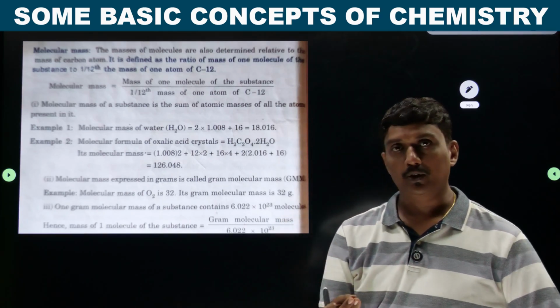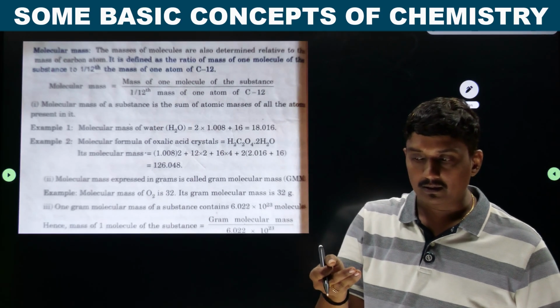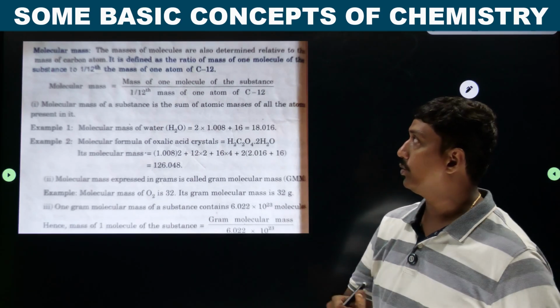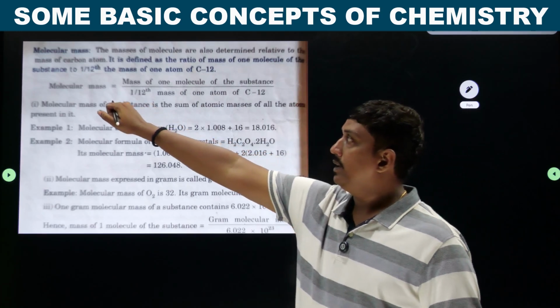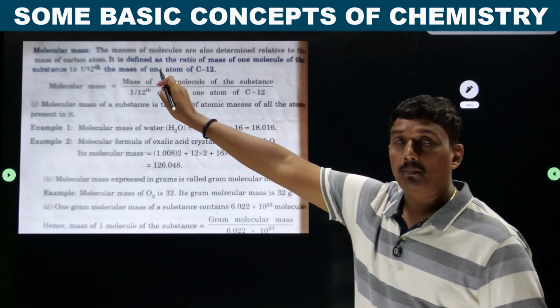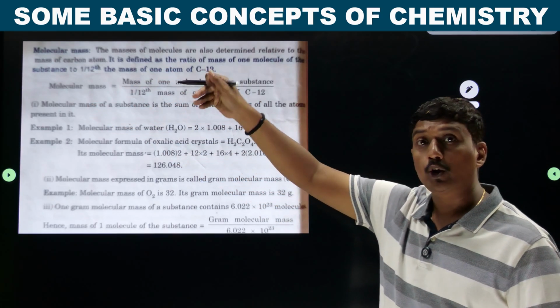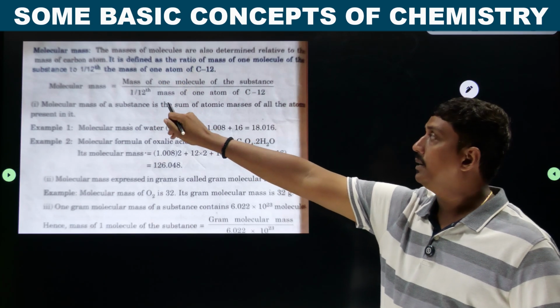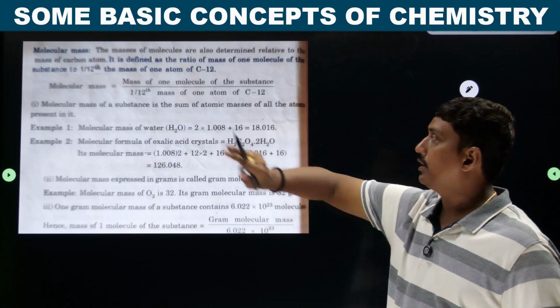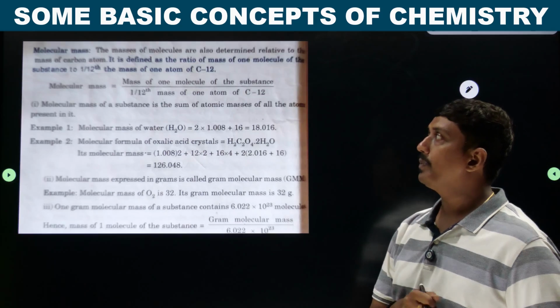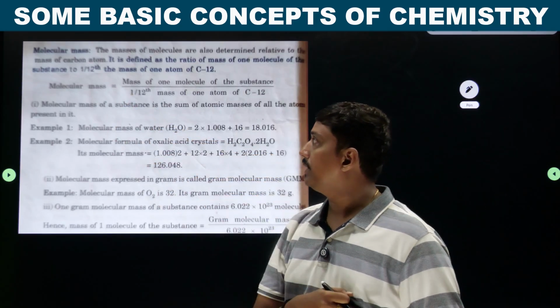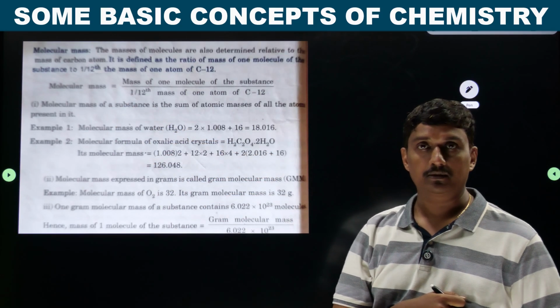Even though it is a molecule, you are comparing that mass with carbon 12 isotope. So molecular mass is the mass of one molecule of a substance divided by 1/12th the mass of carbon 12 isotope.